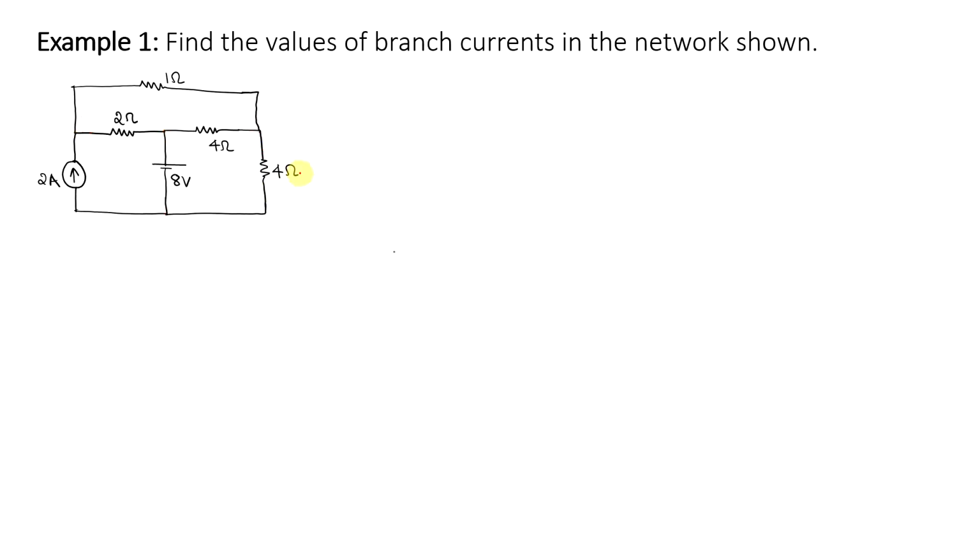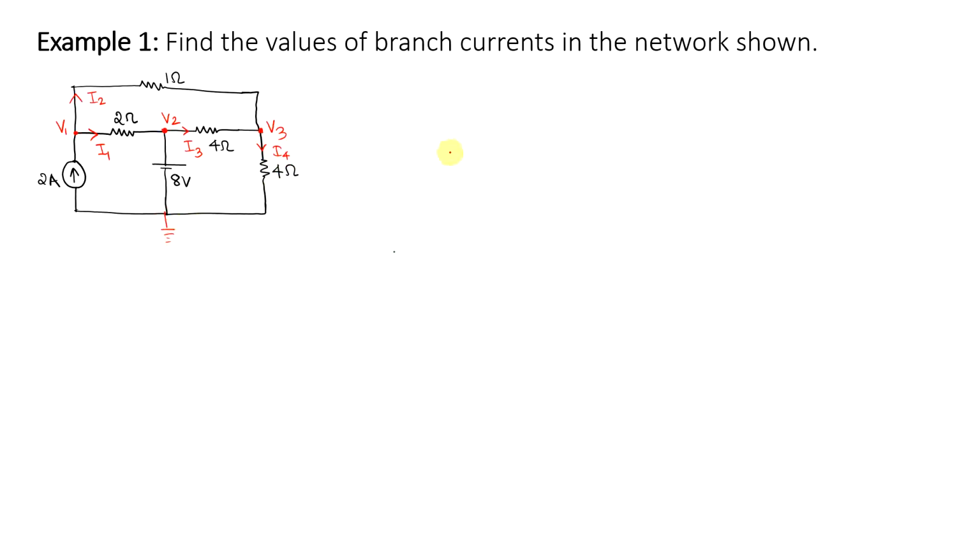Okay, let me denote the node voltages again. To compute the current that flows across this, I will denote it as the current I1. The current that flows across 1 ohm, I will denote as I2. The current that flows across 4 ohms, I'll denote as I3, and this current as I4. This was my reference voltage, right?